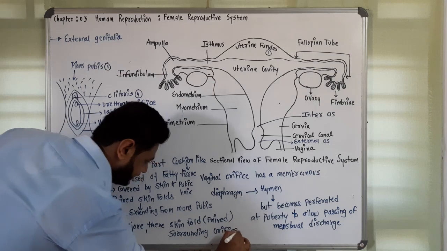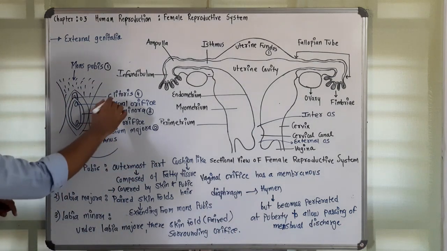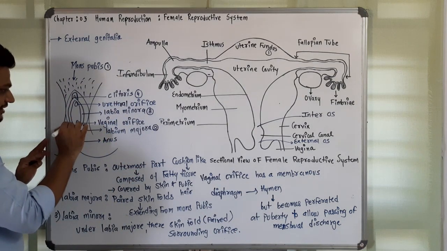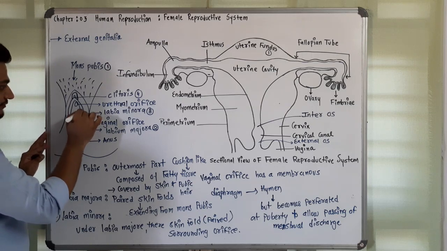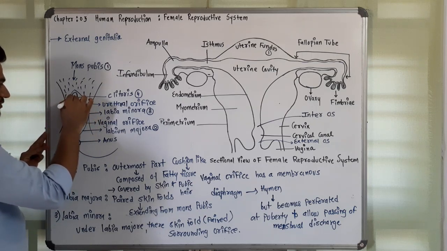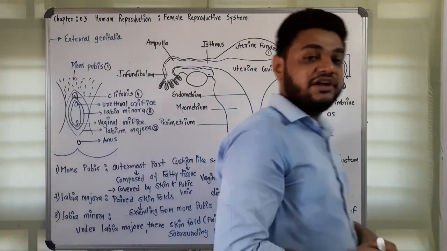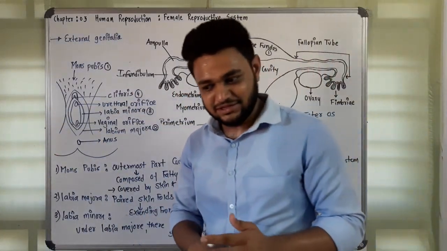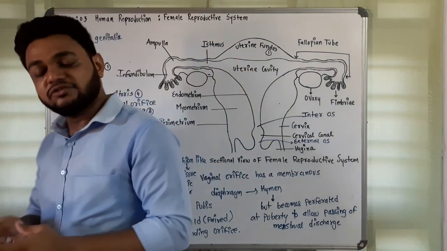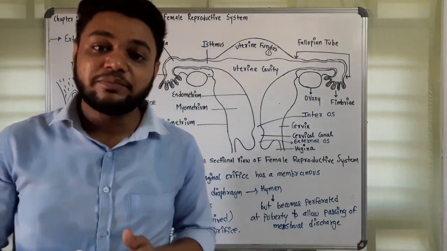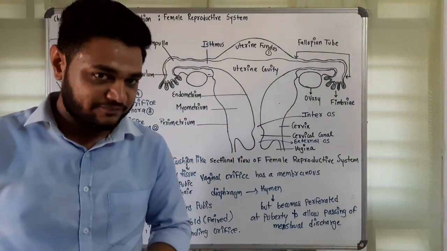Now if I talk about the clitoris, where the labia minora join at the upper part, there is a structure very similar to the penis. It is equivalent to the penis, but it lacks the urethra.